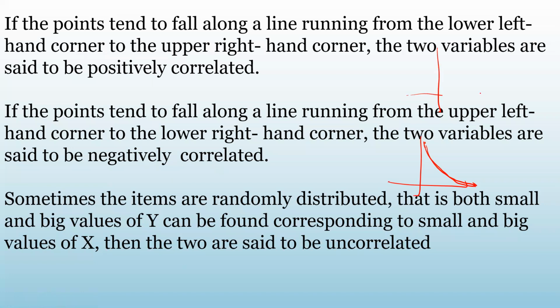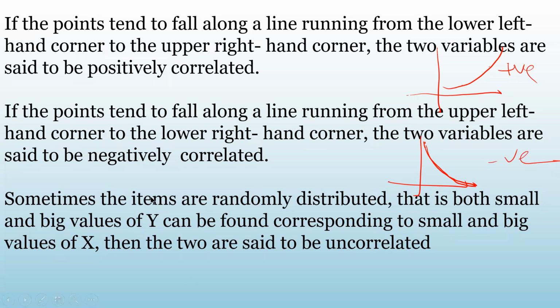And here, if the pattern is like that, means the points are in this direction, the points tend to fall along a line running from the lower left hand corner to the upper right hand corner, then there will be a positive correlation, and like this it is negative correlation.